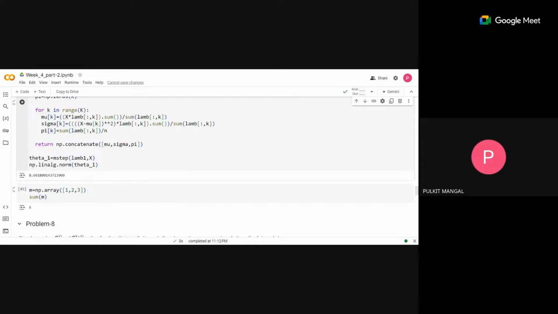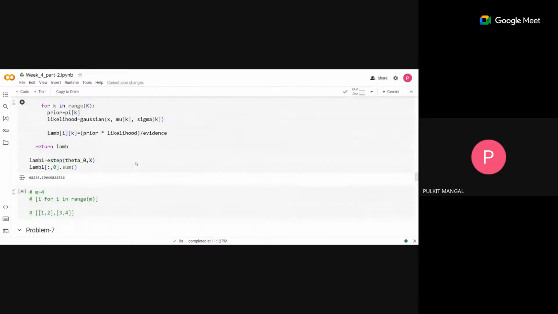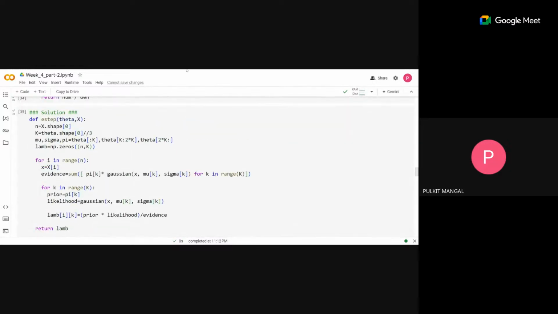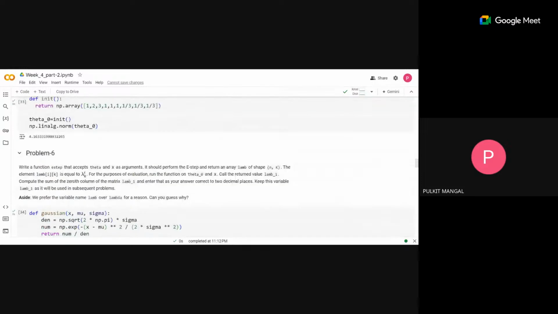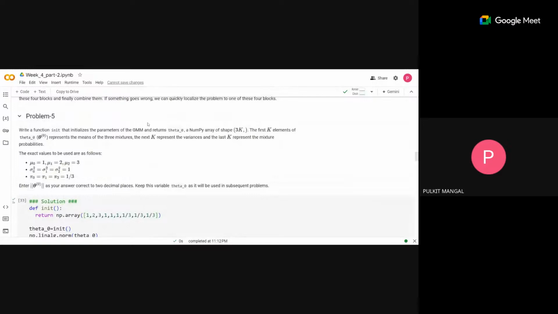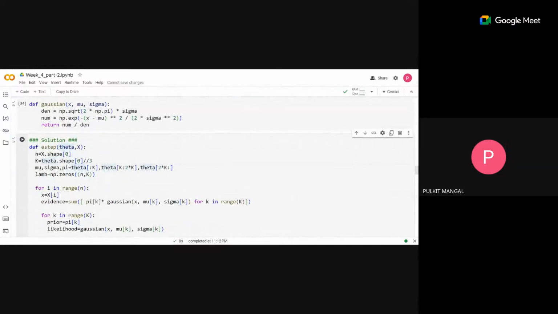Okay, wait a minute. Okay, I guess I got it. We had these, right? What was given to us was sigma square, and we defined it only like this. So it should be np.sqrt of that.